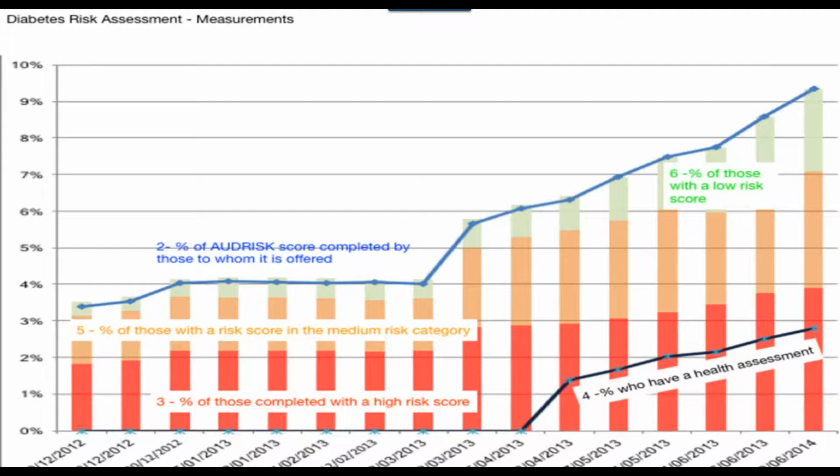Each of the columns under those data points represents the number of people that were either low risk, medium risk, or high risk. And the other run charts, black in color, show the proportion who were at high risk who then went on to have a health assessment. So you can see from this that when we did the collaborative, the process worked.